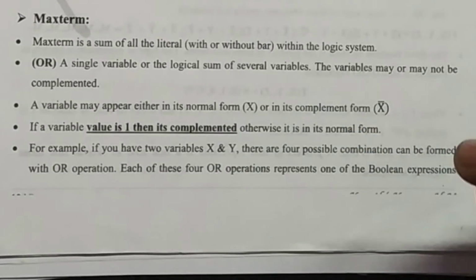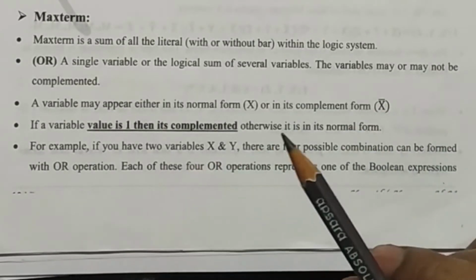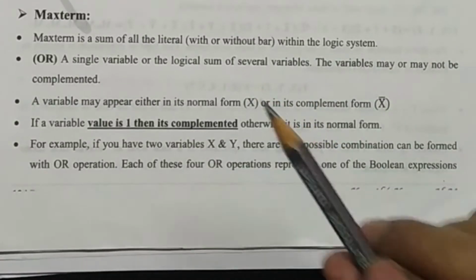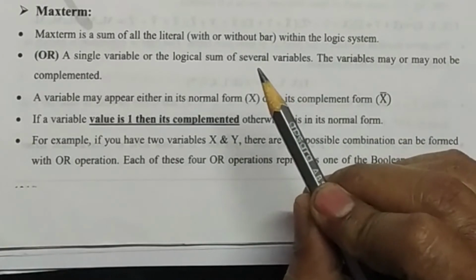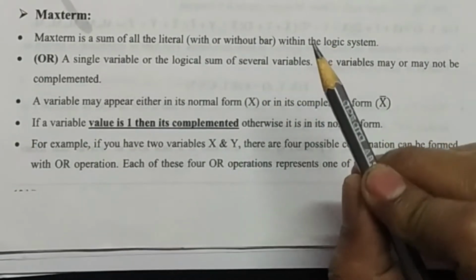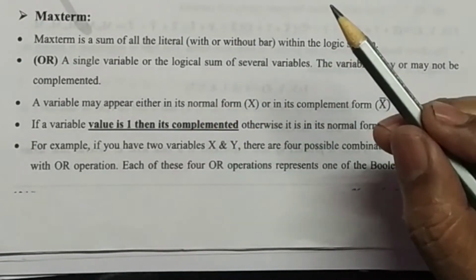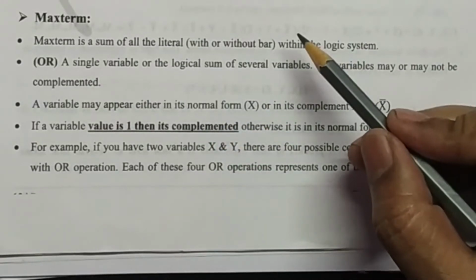Refer to those things correctly. Max term is sum of all the literals with or without bar. If you are taking x and y, x or x bar, y or y bar.